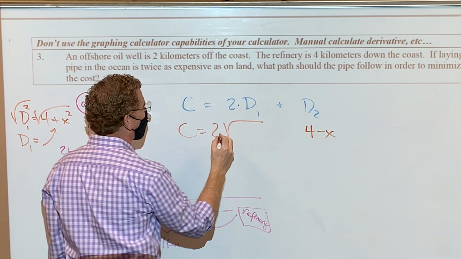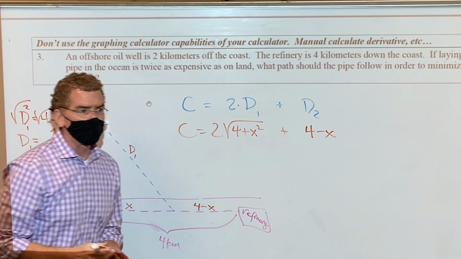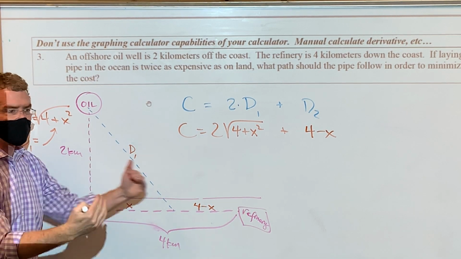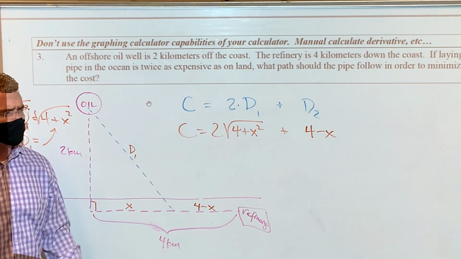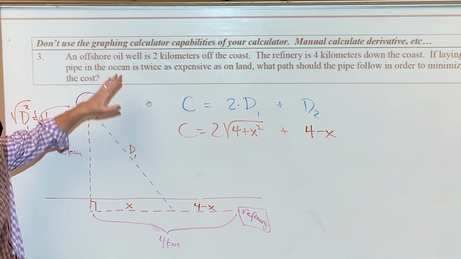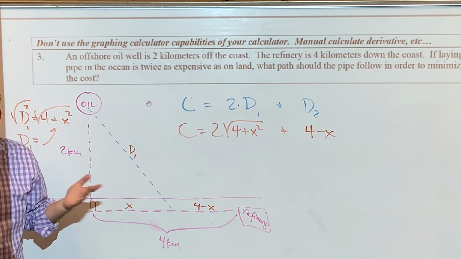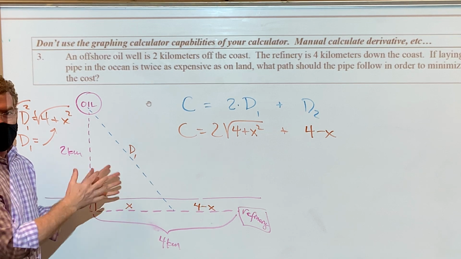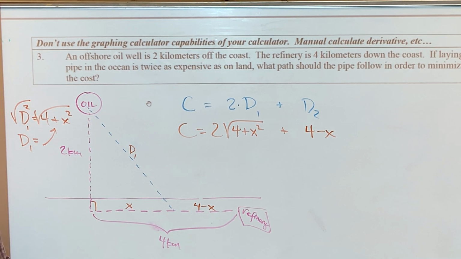And even though I won't actually get a cost, what I will do is find out what lengths would give me the cheapest cost. Does that make sense? So if I'm trying to minimize my cost here, I won't know what it is, but whatever it is, it's gonna be the cheapest possible based on this kind of ratio of built pipeline.